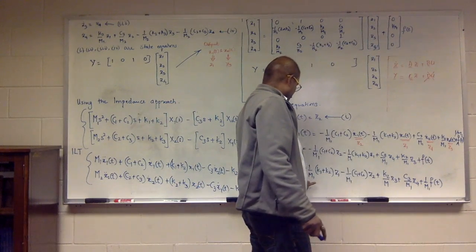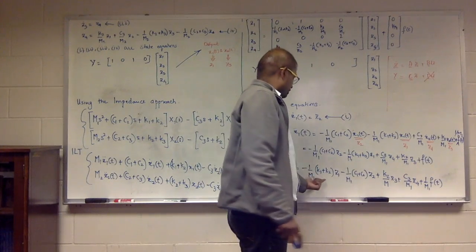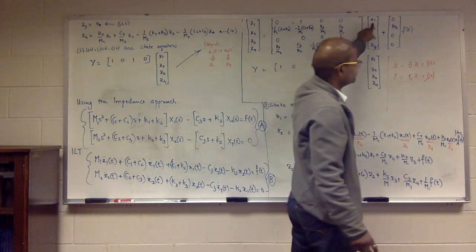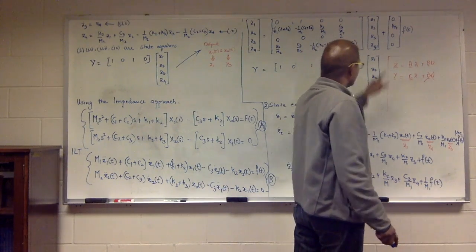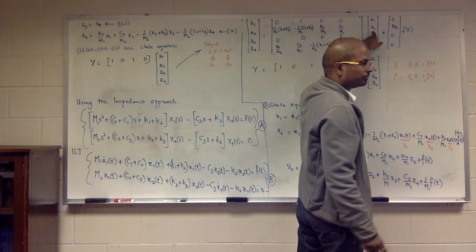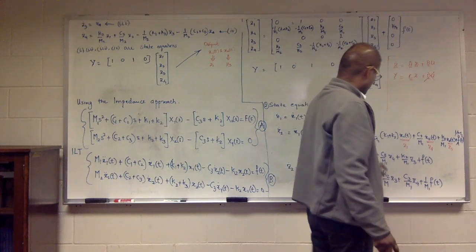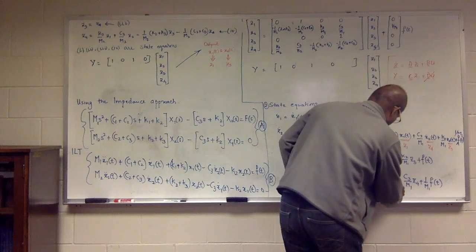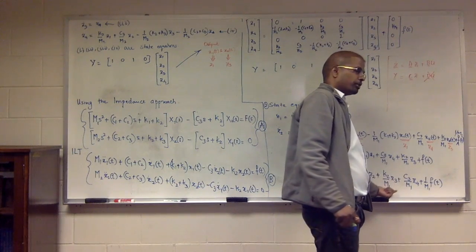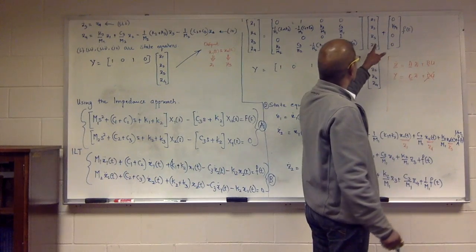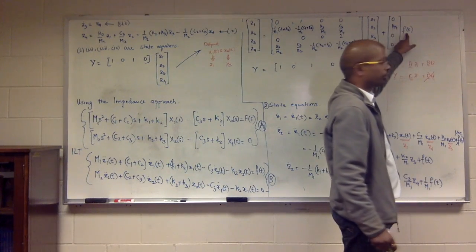Okay. The second equation is Z2 dot is equal to minus this into Z1, minus this into Z2, plus K2 over M1 into Z3, this term, plus this term, plus you see 1 over M1 f of t.